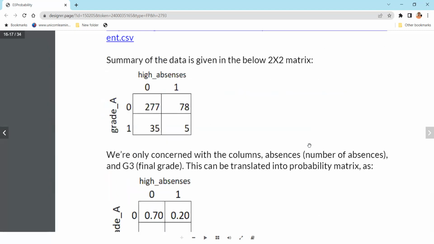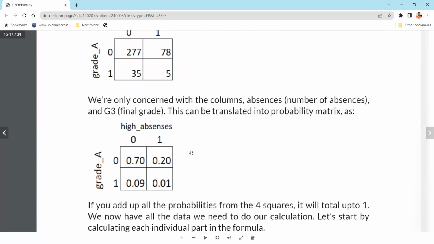We'll see that. So this is how you calculate probability. If you add all of these four, you get total probability 1. What does this 0.01 say?